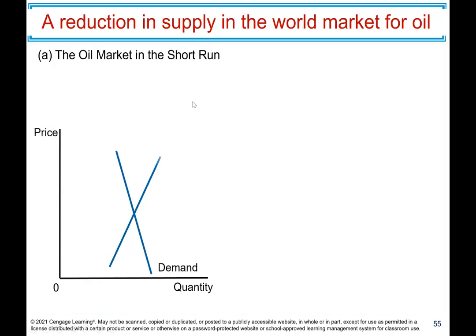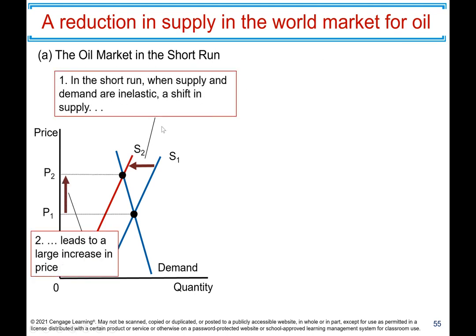A reduction in supply in the world market for oil. Number A, the oil market in the short run. When supply and demand are inelastic, a shift in supply, in this case a left shift, leads to a large increase in price.